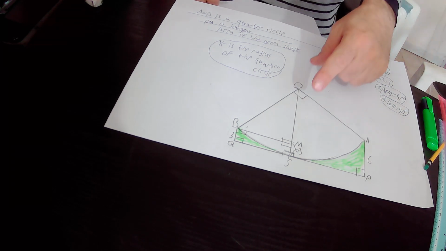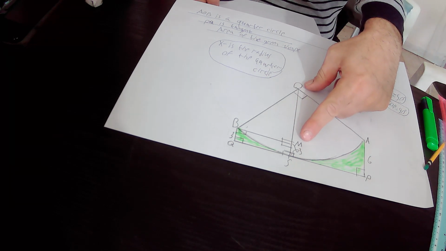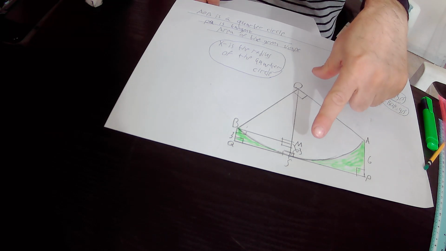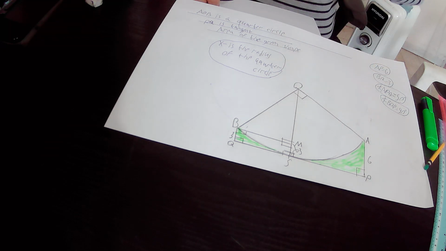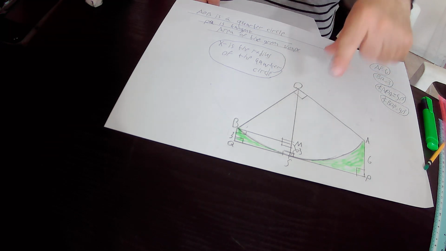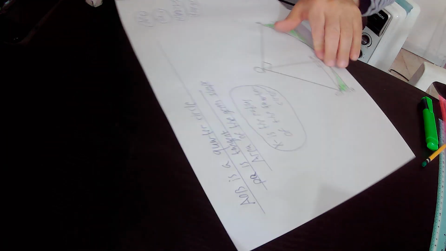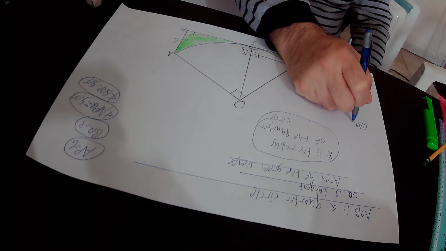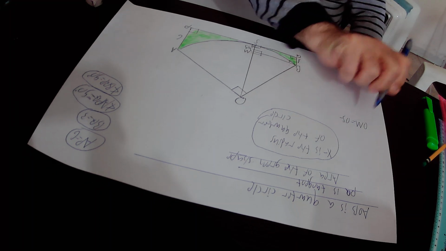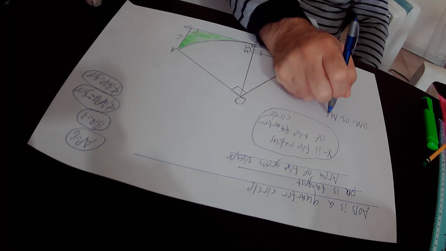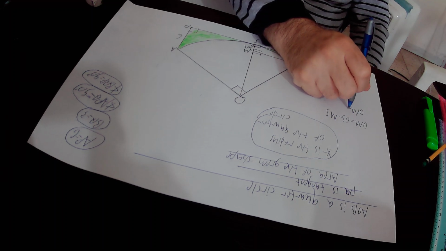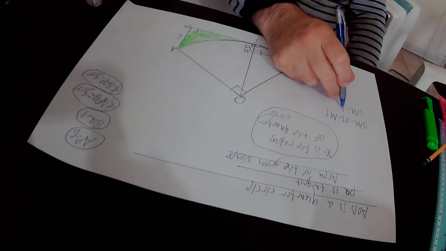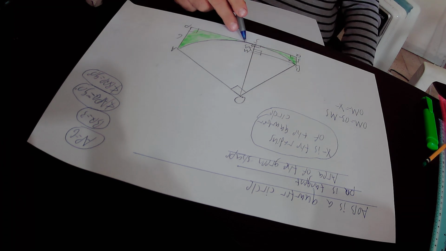So what is the length of this line segment OM? From the drawing it is very easy to see that OM equals OS minus MS. So I write it down. OM equals OS minus MS. So OM equals OS, that is x, the radius of the quarter circle, minus MS, that is 3.